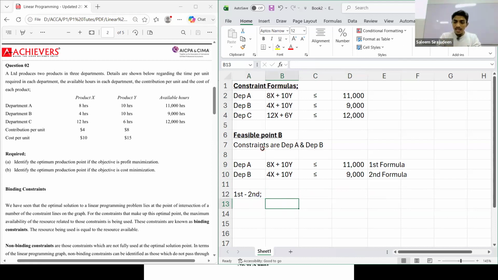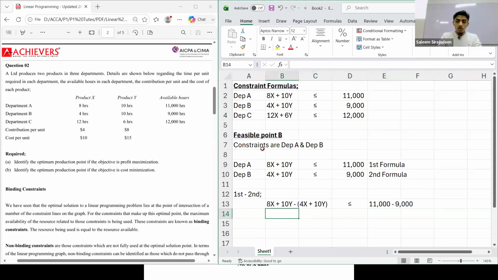So what? 8x plus 10y minus 4x plus 10y equal or less than what? 11,000 minus 9,000. Got it?